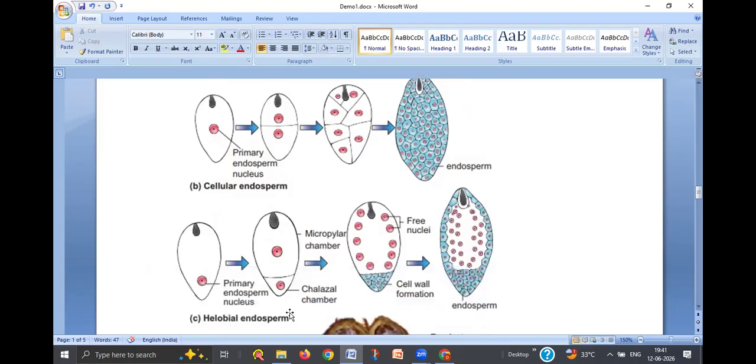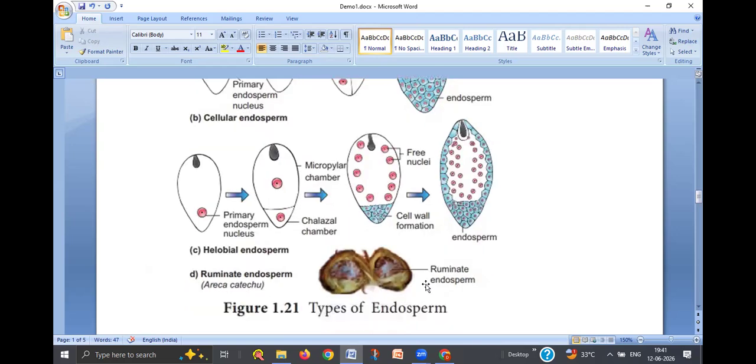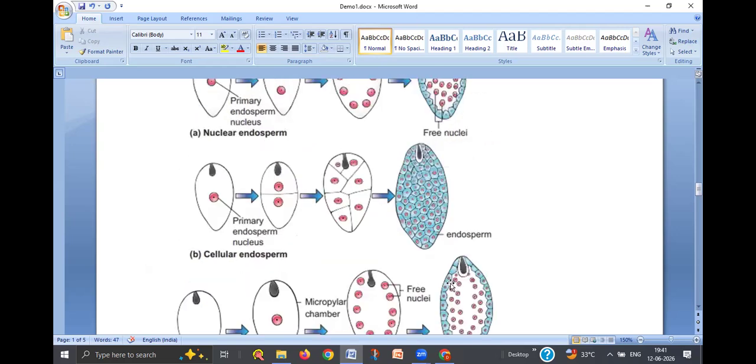And helobial endosperm is the intermediate form. On one side there is free nuclear division, and on the other side there is cell wall formation with cells. So it is the intermediate form, called helobial endosperm. In the monocots, in the Helobiae, we see this condition. Ruminate, we already discussed.